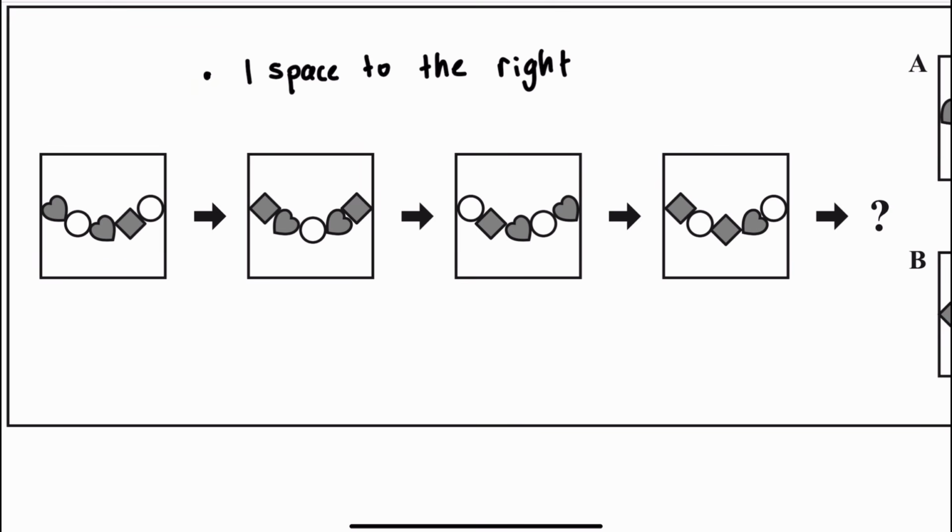Okay, that's the first thing. The second thing you should also notice is that when you have a shape at the far right end, it soon moves across and kind of disappears. When it goes into the next box, you can't see it anymore. There's only one circle now. Before there were two.